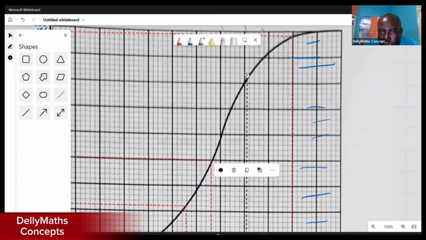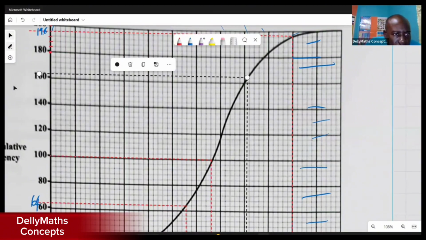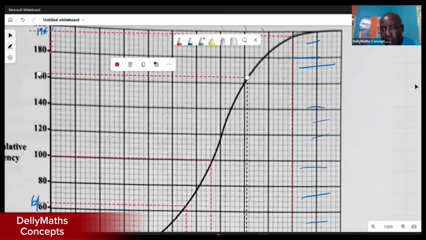All right, so 40.5 is actually touching that line. All right, that looked like 164. Let me switch this up. So I'm getting 164 for this. So at 40.5, I'm getting 164.